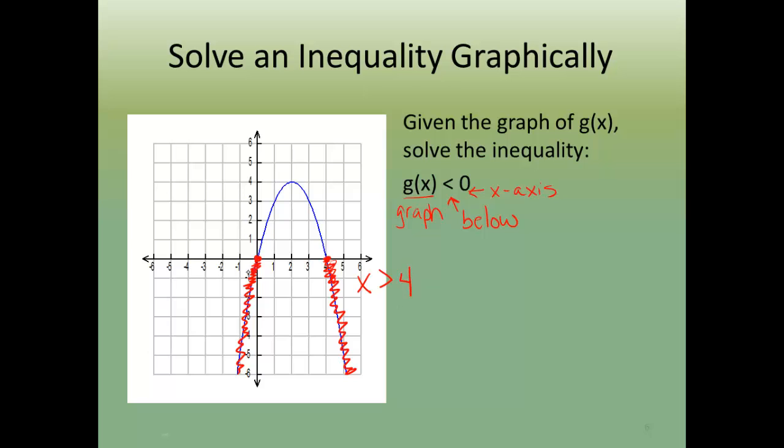On this side, the x values are at 0, but they're going down and left, which means they are smaller than 0. As an interval then, it's negative infinity to 0. I'm not including it. Along with 4 to infinity. It's a different way of looking at these.